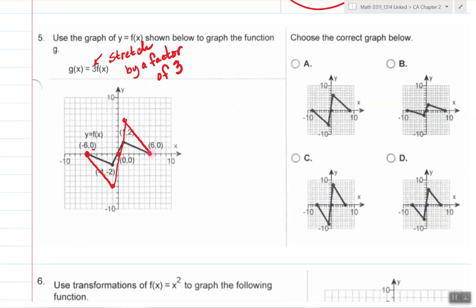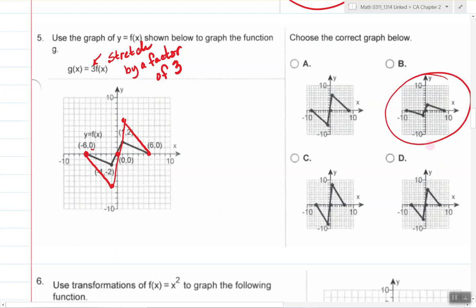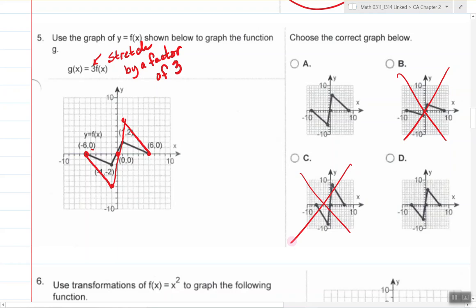And let's see, I know that it is not this one. Whoops, didn't mean to circle it. All right, I know it is not this one. Now this is only going up to 6. This one is going up too high and going down too high.